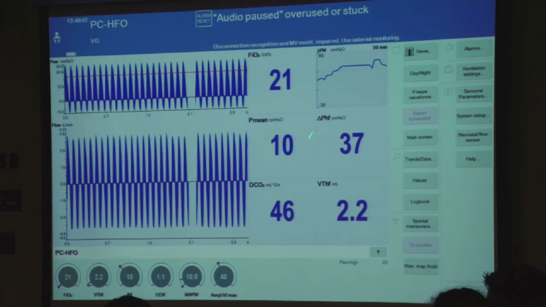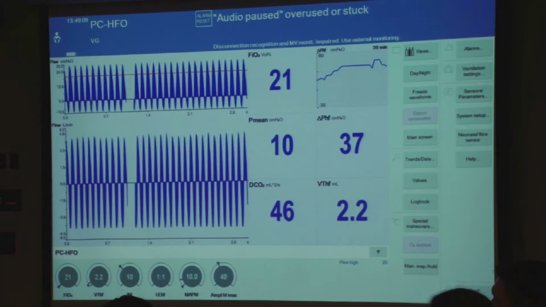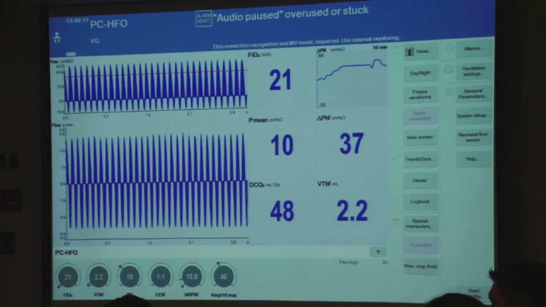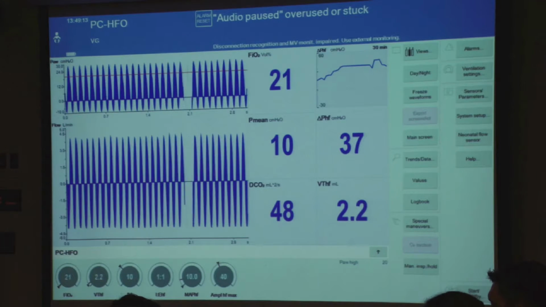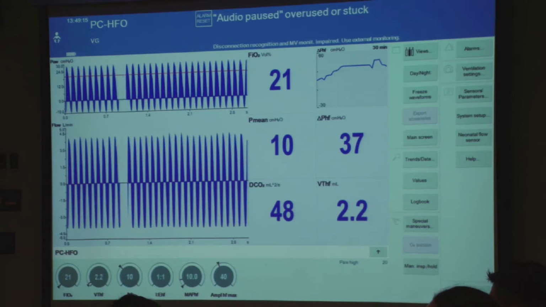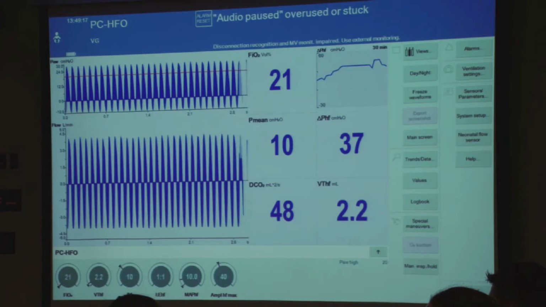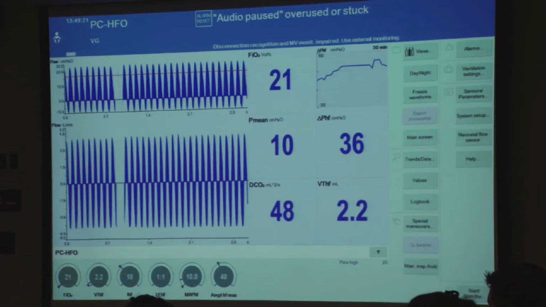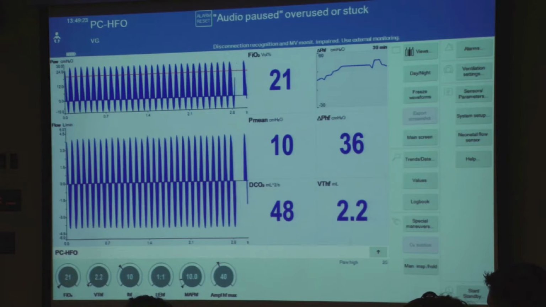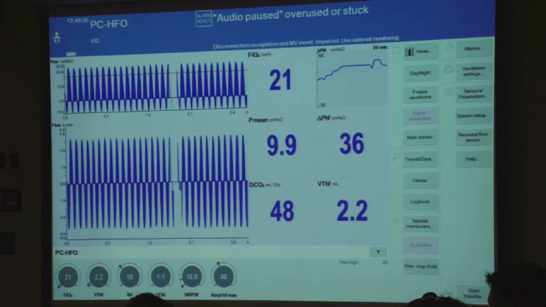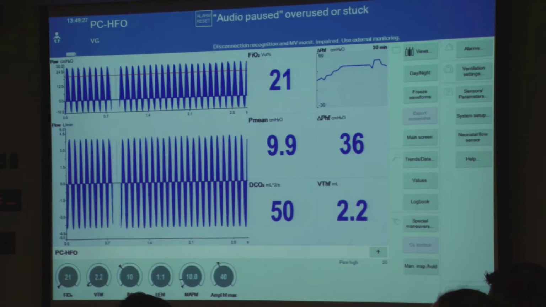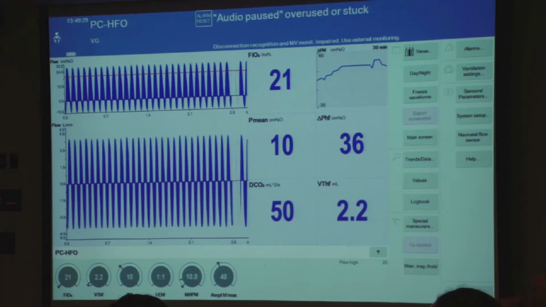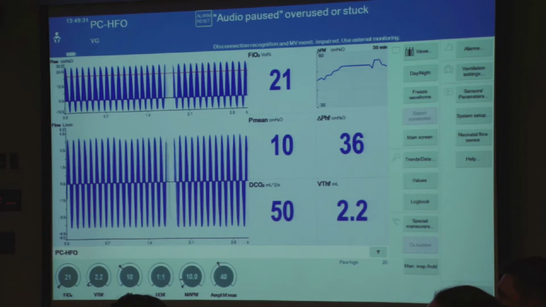So now it's adjusting the amplitude on its own. It's very important to limit the maximum amplitude to a reasonable amount. Otherwise, you're giving a lot of credit that the ventilator can use without asking.